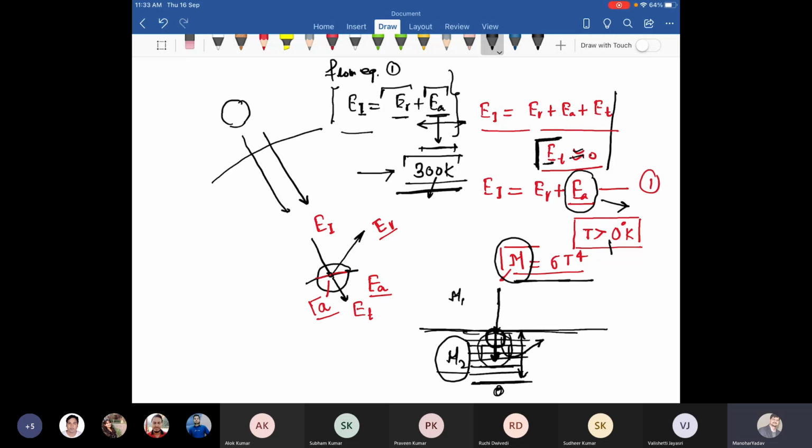These are the fundamentals which are required to discuss this part. Now I'm coming back to the discussion of radiation principles, as well as a particular curve that we were discussing in the previous talk. I would like to draw that curve again over here, or you can also access the PPT that you have with you.